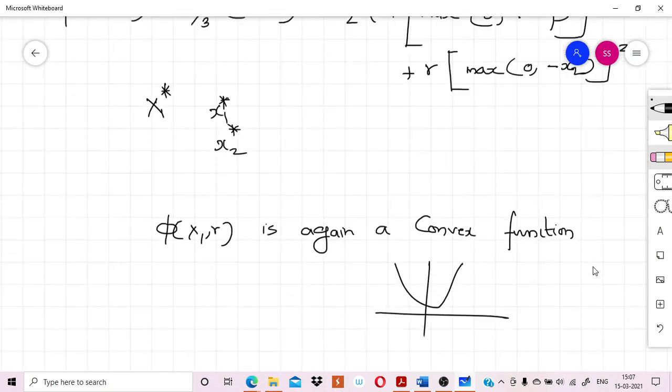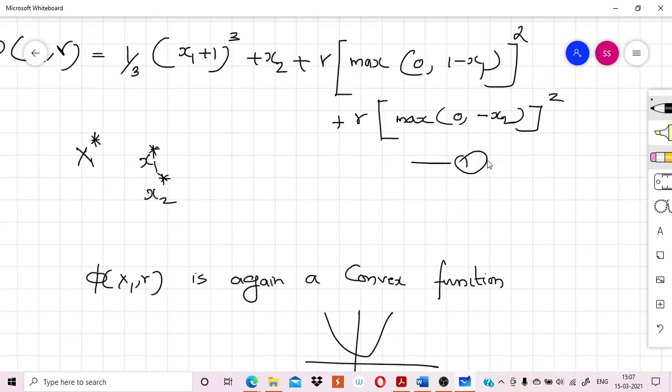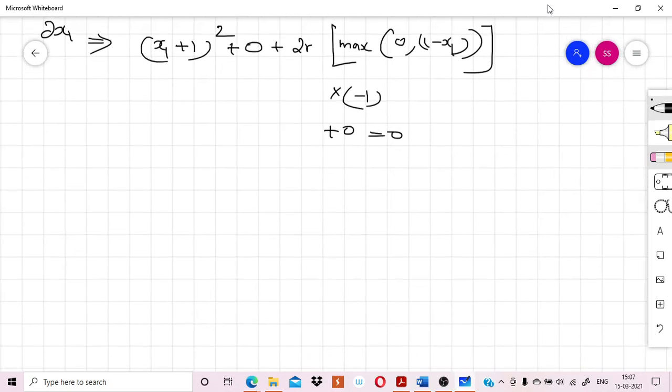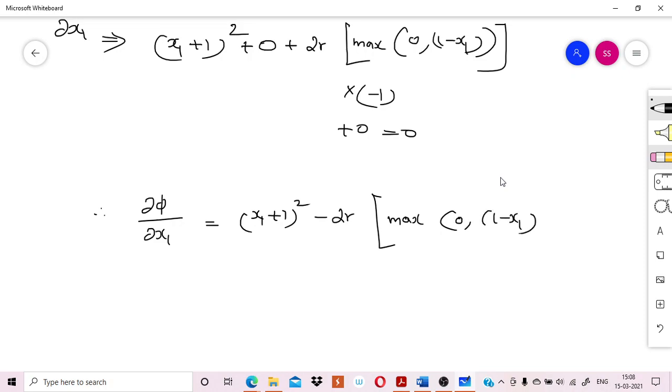Simplifying, dou phi by dou x1 is equal to (x1 plus 1) whole square minus 2r maximum of 0 and 1 minus x1, equal to 0. This is my equation number 2.